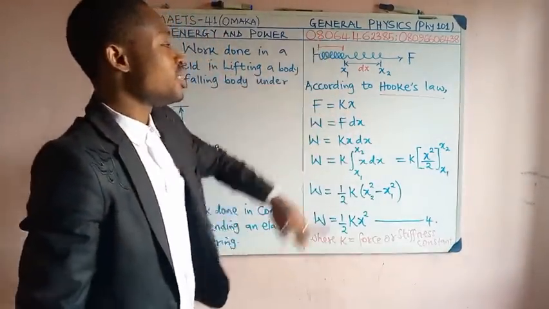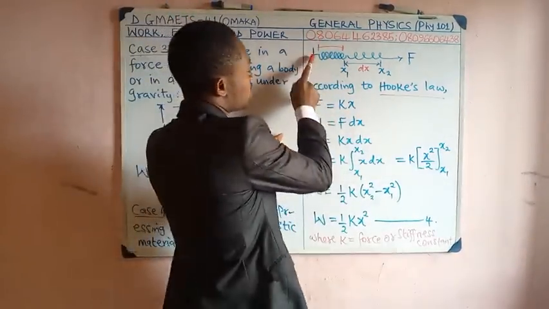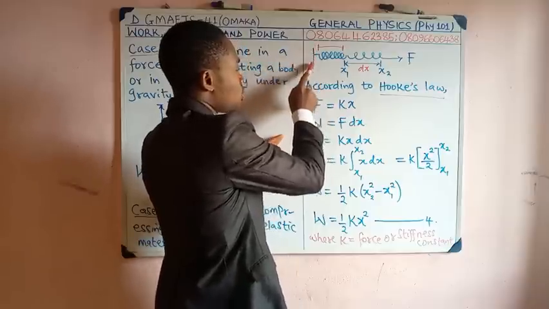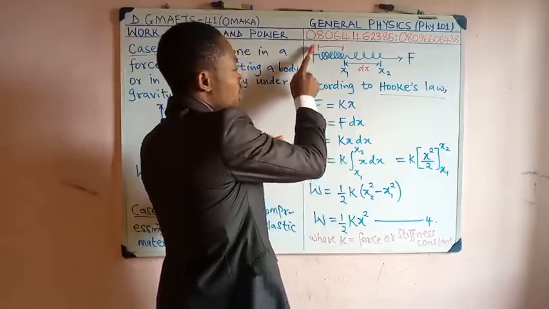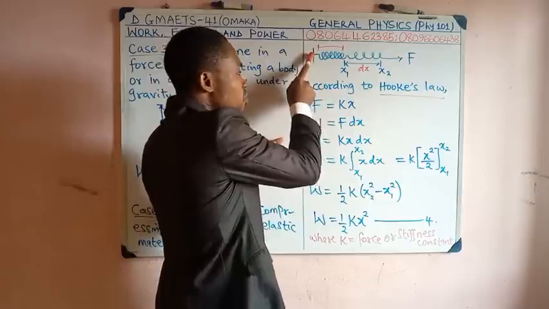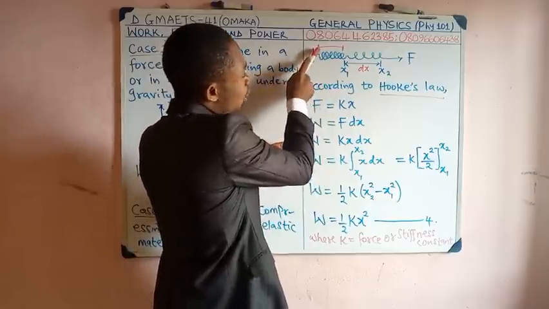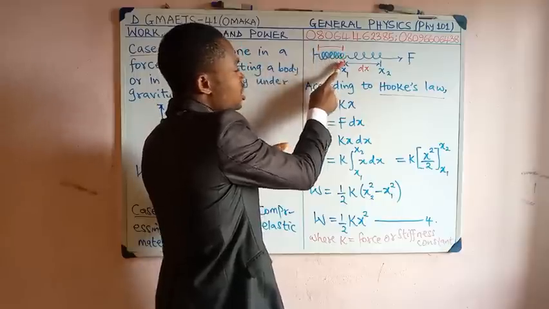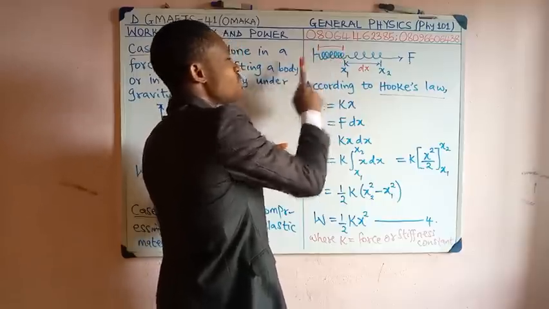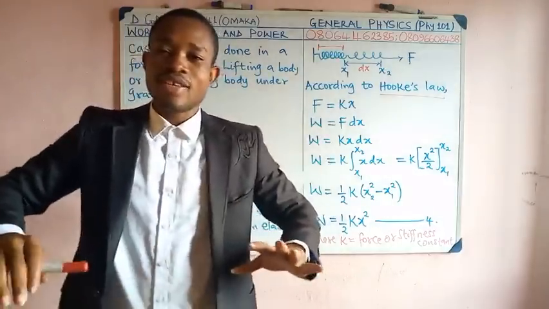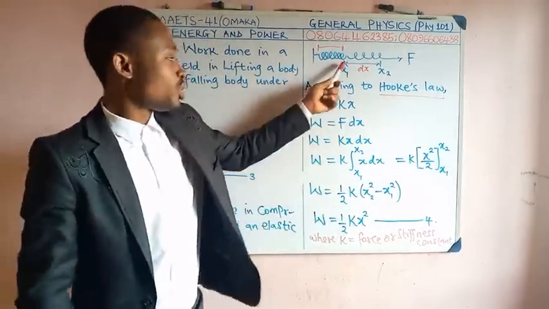Consider this diagram here. This is a spring. Now I fix the spring to this rigid wall. So this wall is fixed. Then I attach the spring to it. From this point to this point is the original length of the spring. Natural length. We refer to it as the equilibrium position. Is that okay?